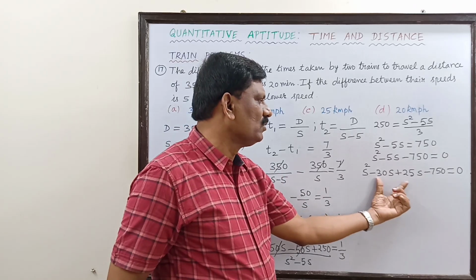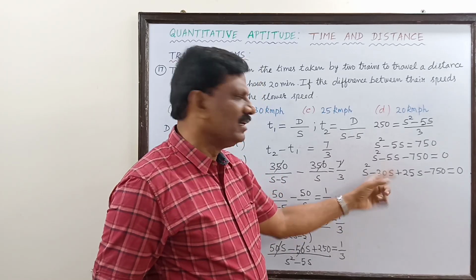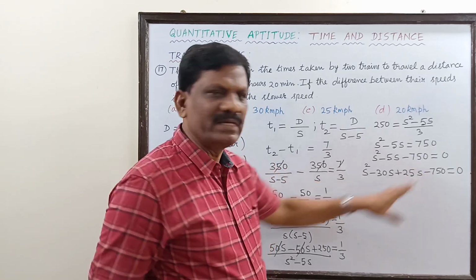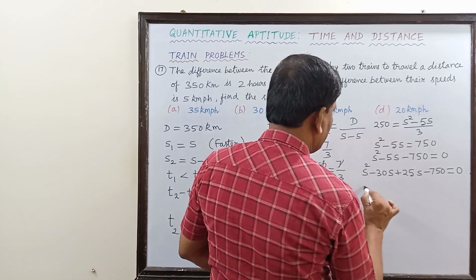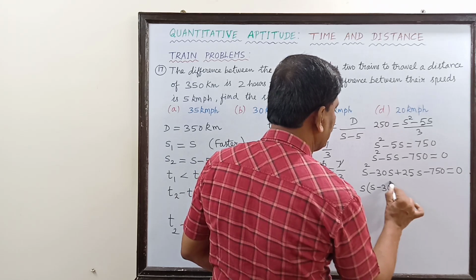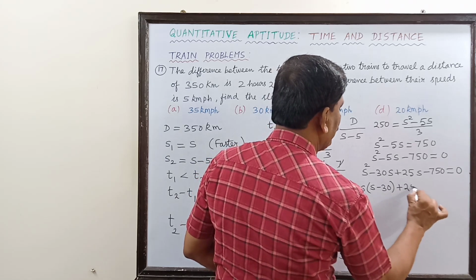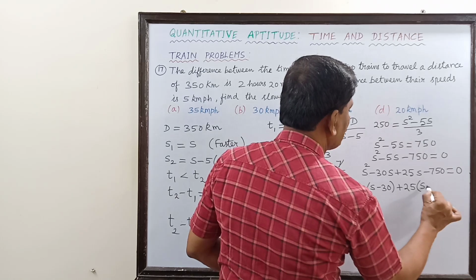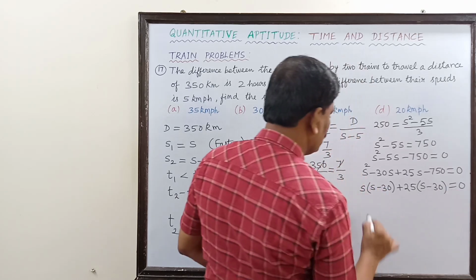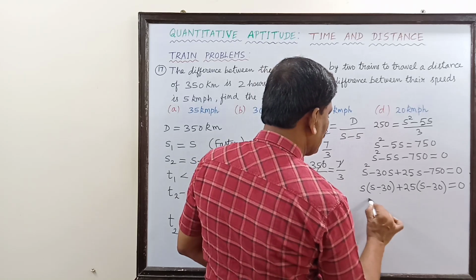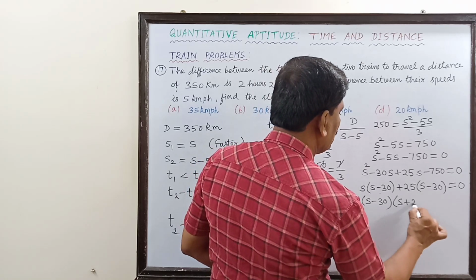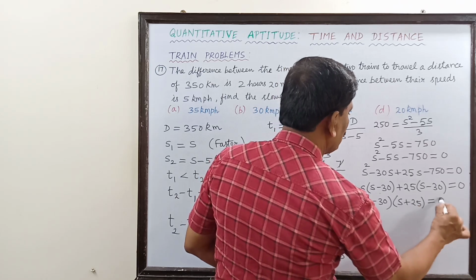When you add these two, it will be minus 5s, and when you multiply these two, you will get minus 750. Both are right. Now I will take s as a common factor: s into s minus 30 plus 25 into s minus 30 is equal to 0. So s minus 30 is a common factor, and s minus 30 into s plus 25 is equal to 0.